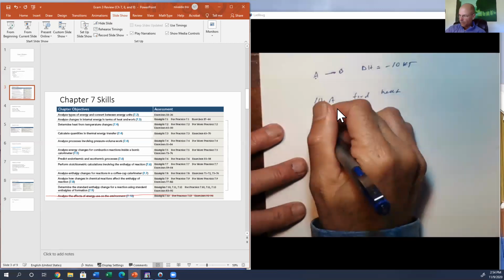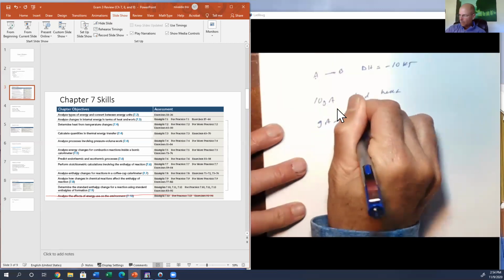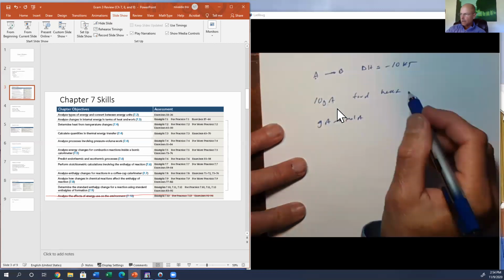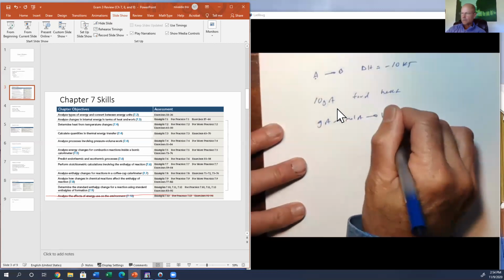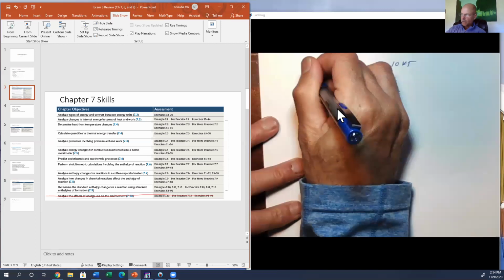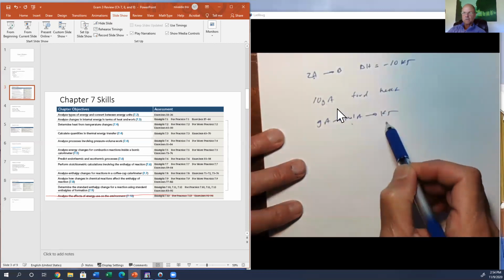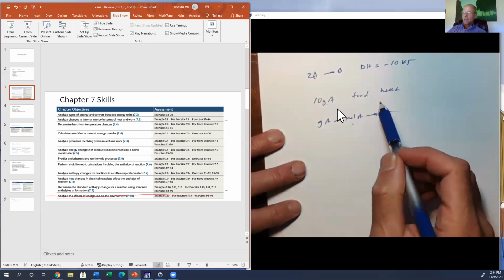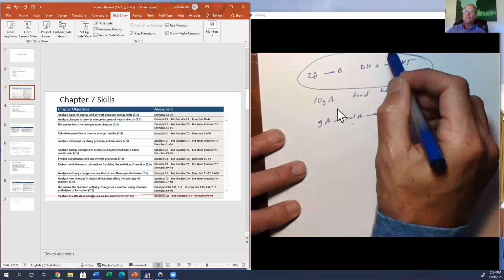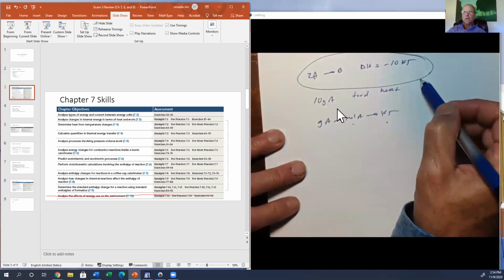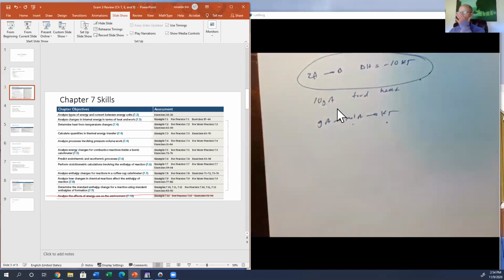So what you do is you go from grams of A to moles of A to kilojoules. And if there's a 2 here, you have to take that into account when you go from moles of A to kilojoules. So it's basically stoichiometry all over again, but with energy as well, okay?